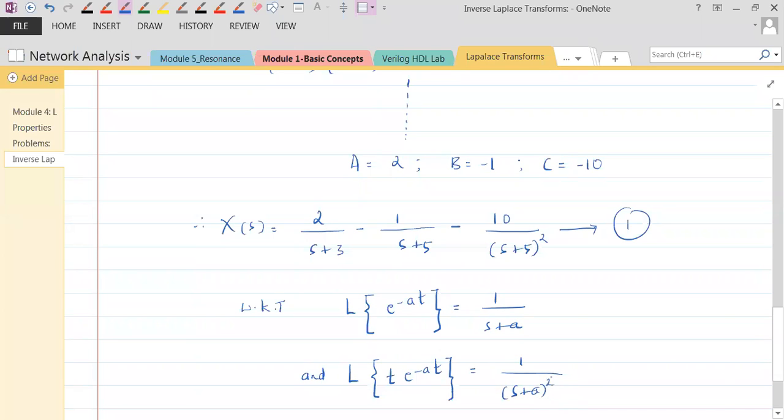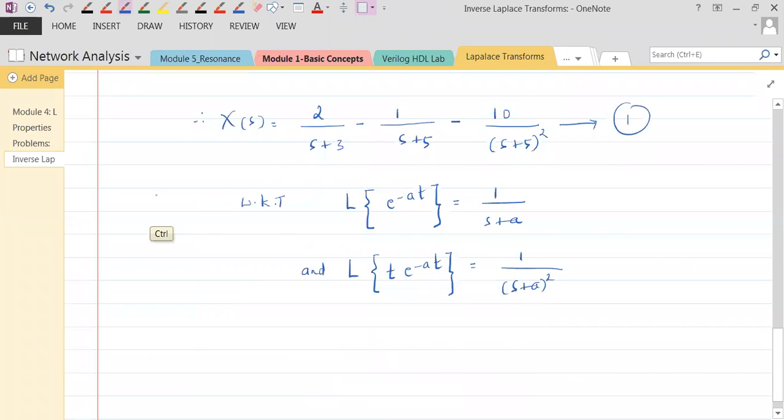So these two results you need to remember. After getting X of s in its standard form, applying inverse Laplace transform to 1 implies X of s would become X of t.